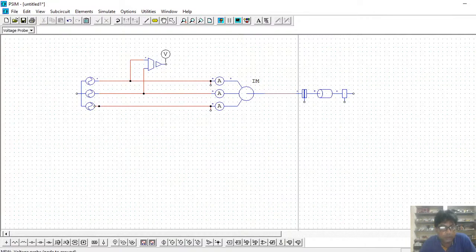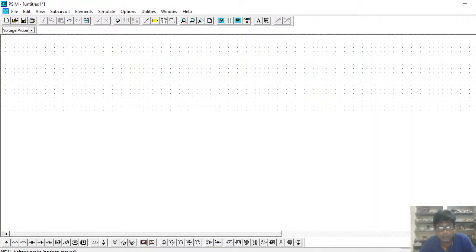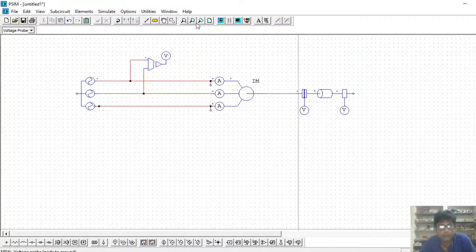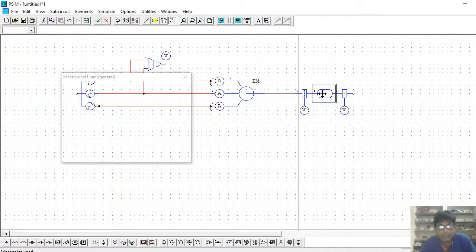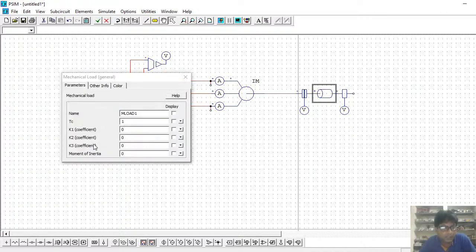And this is the probe. If you right click, it will rotate. Here you can set K1, K2, K3. I'll tell you later how the torque is generally represented in first order form or higher order form.